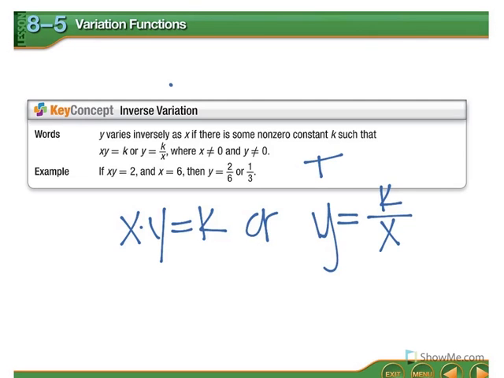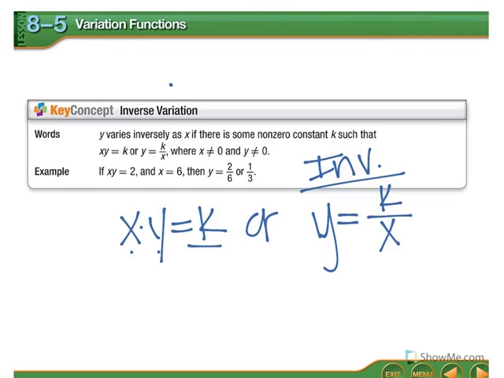So if you have inverse variation, you'll use the formula y equals k divided by x, or you take your x and your y and multiply them to get your k value. So for example, if we have x times y is equal to 2 and x is 6, we know that y is equal to 2/6 or 1/3.